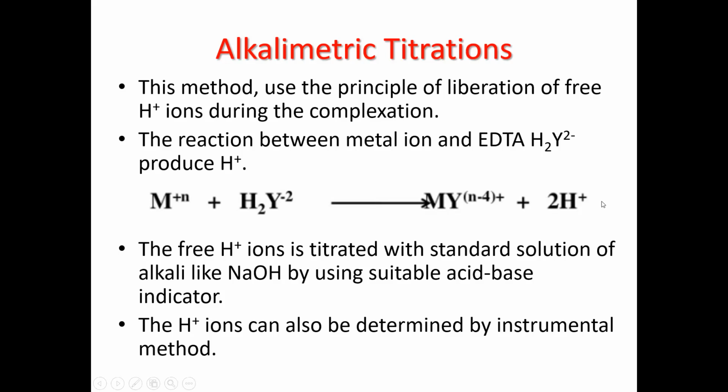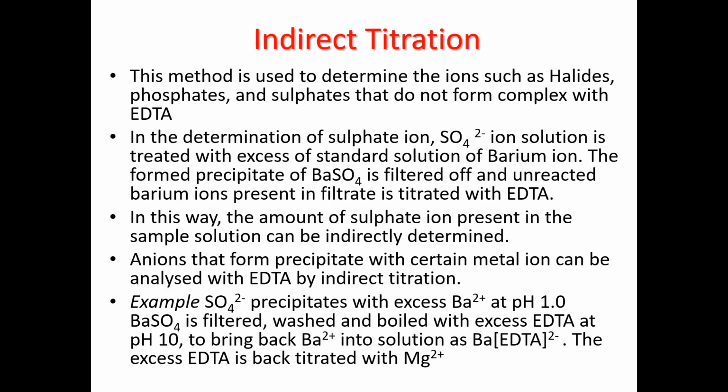This free hydrogen ion, remember that it is acidic, can now be titrated with a standard solution of a strong base like sodium hydroxide, using a suitable acid-base indicator. Whatever concentration you get from here, you can use to extrapolate the concentration of your metal ion.